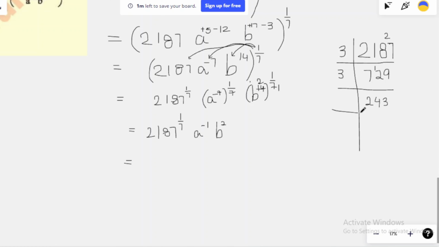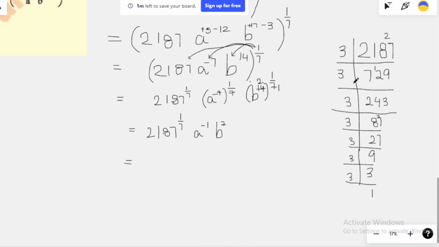After this again an odd one, so 3 8 times is 24, and 3 1 times is 3. Again 3 2 times is 6. If 3 2 times is 6, what will be the remainder? 2. So 3 7 times is 21. Then 3 9 times is 27. 3 3 times is 9. And 3 1 times is 3.